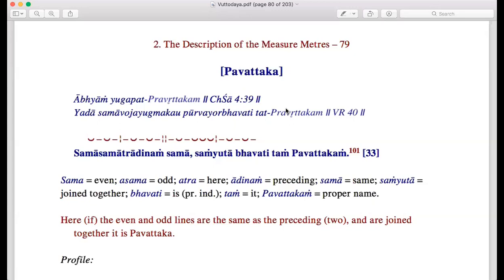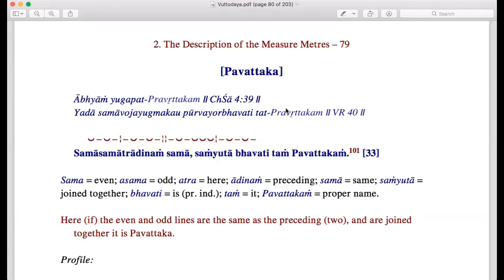So then what is the problem one can raise? Bante, if you say it that way, then you take the sama of the previous verses. So here the word sama refers to the even lines and odd lines of the previous verses, right?